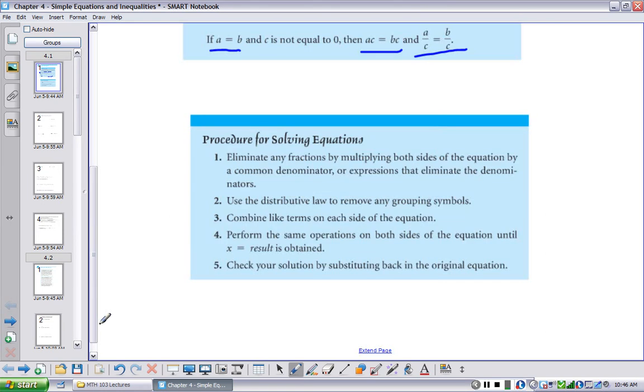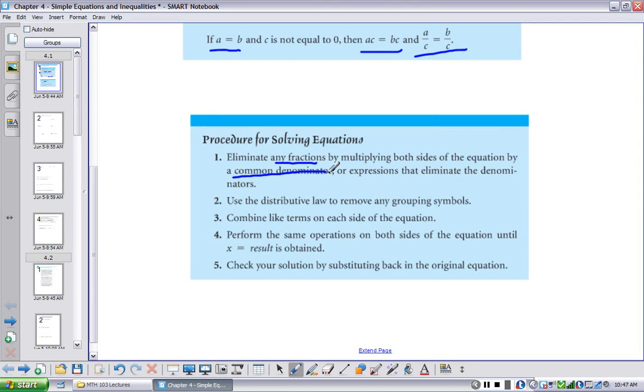Now, we have this procedure for solving equations. Let's read through that. Number one, if you have any fractions in the equation, then you need to get rid of those. How do we get rid of fractions? Well, you look at all of the denominators in the problem. You may only have one denominator, or you may have two or three. You look at all of the denominators and you find the common denominator.